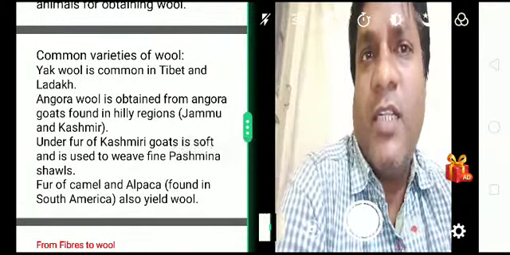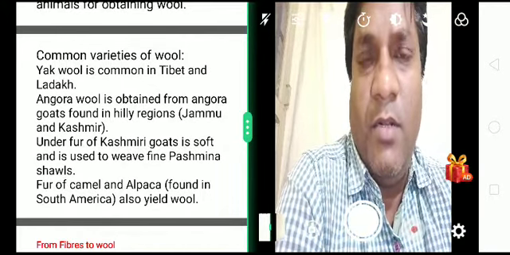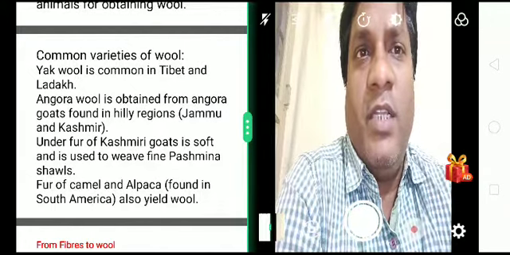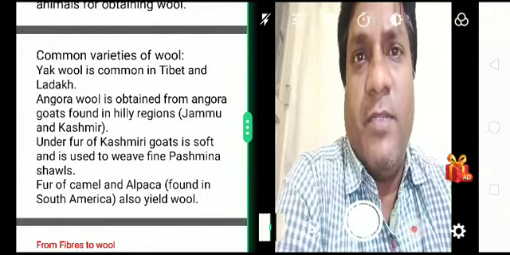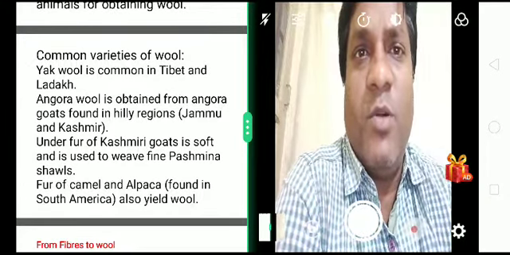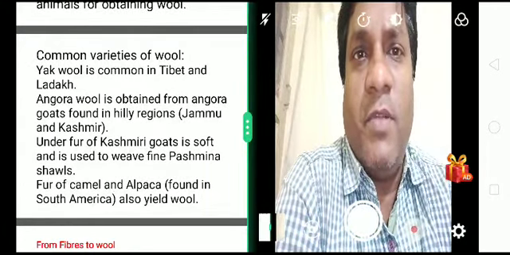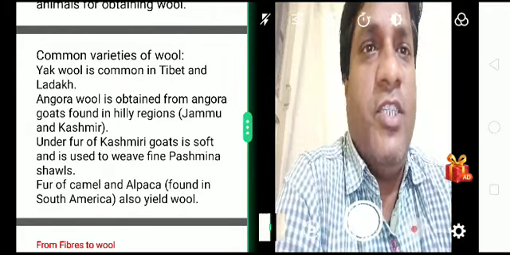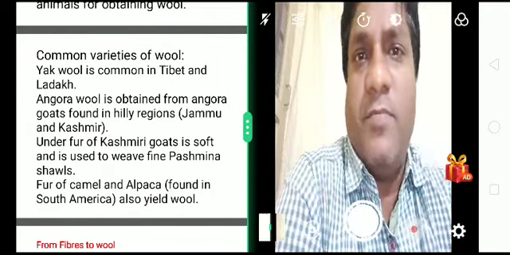The common varieties of wool that are available to us are the yak wool, which is common in Tibet and Ladakh. The Angora wool is obtained from the Angora goats found in hilly regions of Jammu and Kashmir.